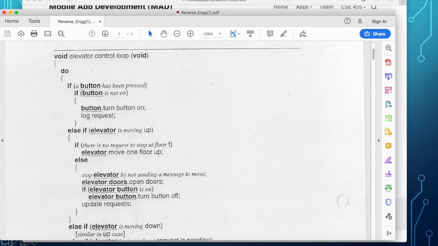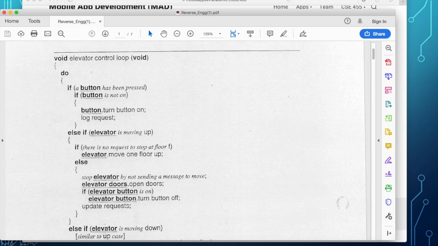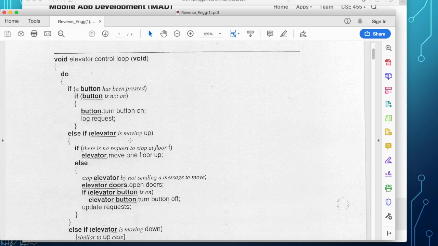So the overall logic here is a case statement where you have several cases. Right, like here, the first case is if a button has been pressed and if the button is not on. This is what you'll do. Here is another case, else if the elevator is moving up.